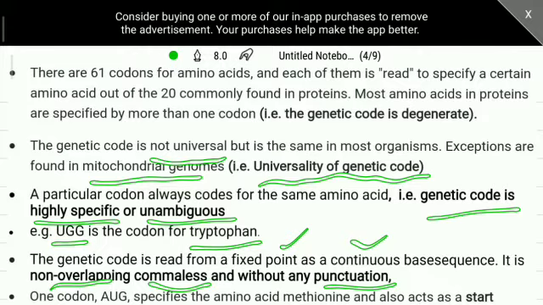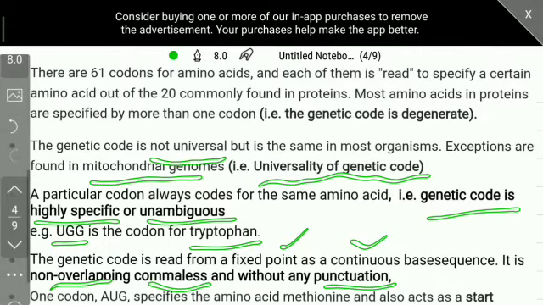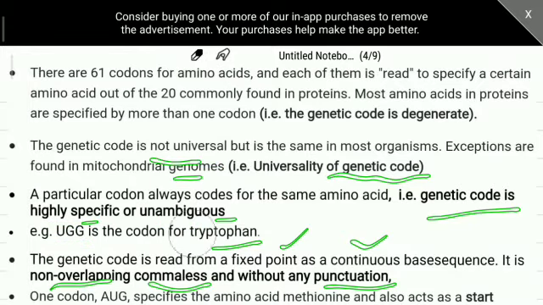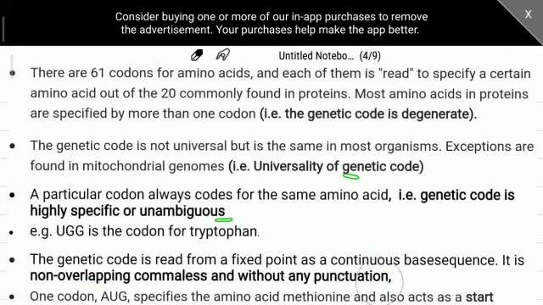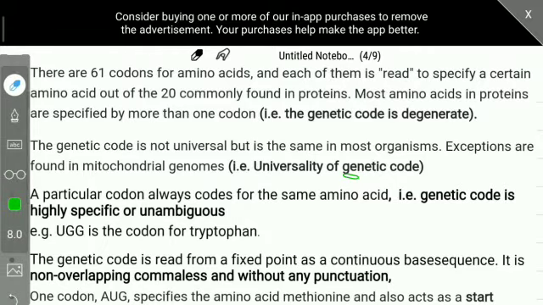Another important property concerns one codon, AUG. The AUG codon specifies the amino acid methionine. So AUG always codes for methionine, and it acts as the start codon in all proteins. That is why the AUG codon is called the start codon.